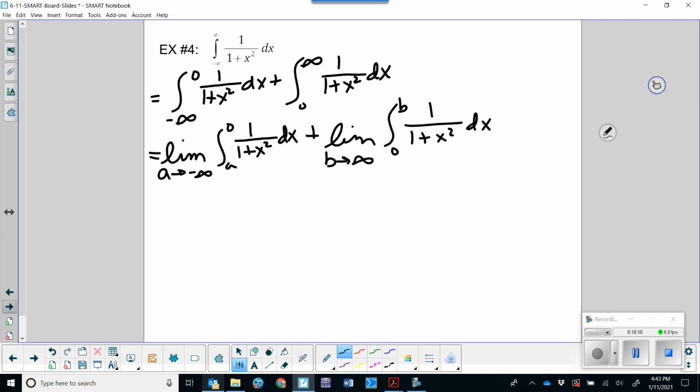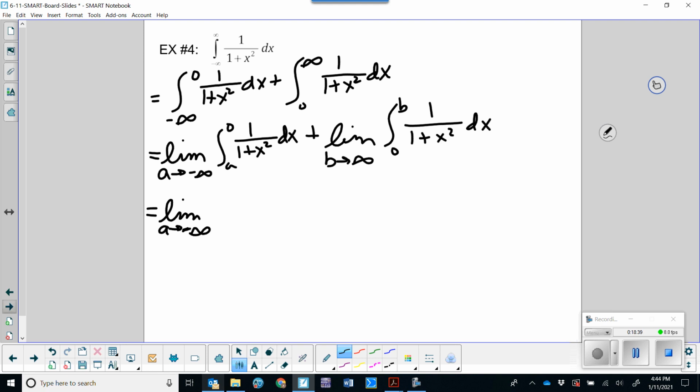Again, I'm replacing the infinities with a letter, and then I'm going to take the limit as it goes to infinity or minus infinity. You do not have to use a and b. You can use whatever you want. I just usually call the lower limit of integration a and the upper b, so that makes it easier for me. Okay, so I can't take this limit yet until I'm done with some things, so I just always write that really fast. Then I need to do the antiderivative.